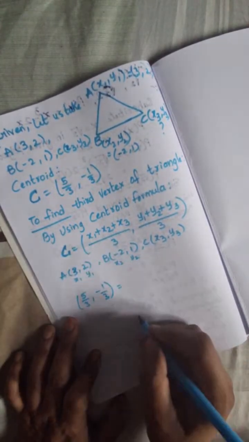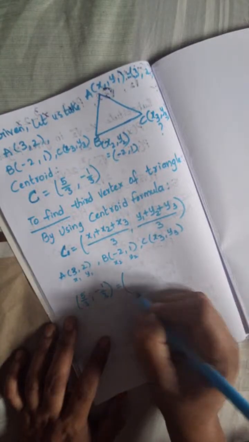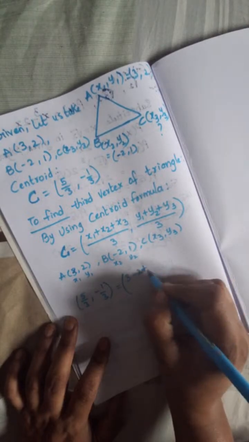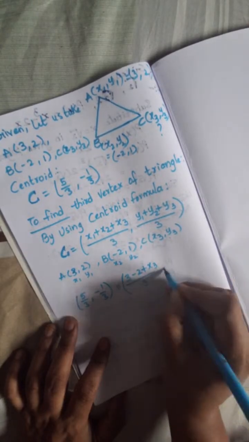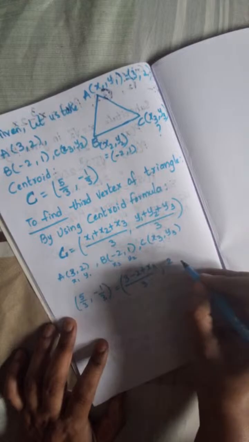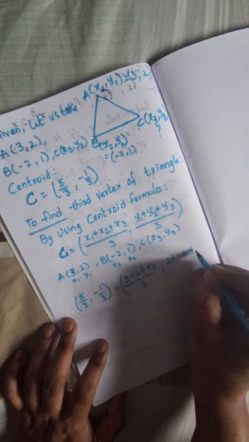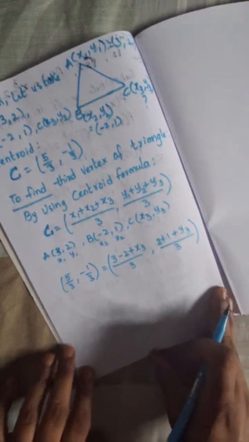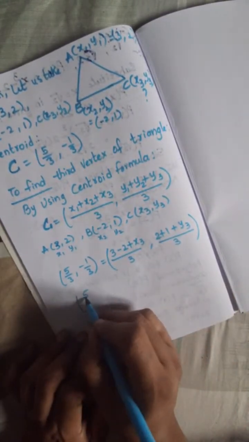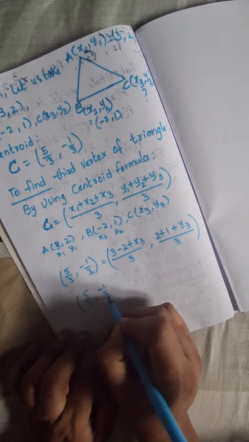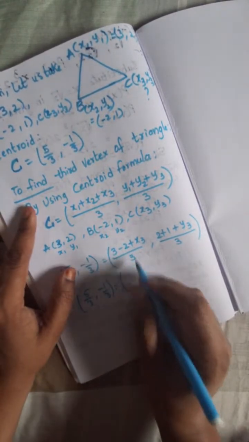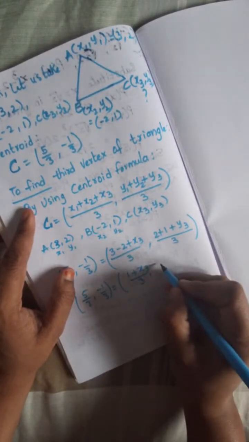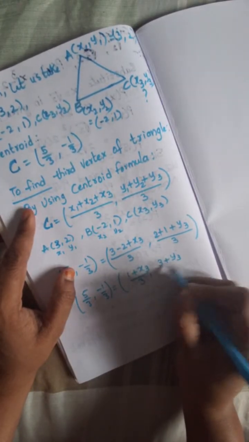Now substitute the x1 plus x2 plus x3 values. x1 is 3, x2 is minus 2, plus x3, by 3, comma y1 is 2 plus 1 plus y3, as it is, to find the values of x3 and y3. Now 3 minus 2 is 1 plus x3 by 3 comma 2 plus 1 is 3 plus y3 by 3.